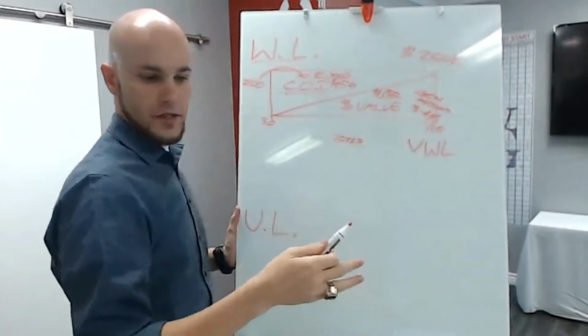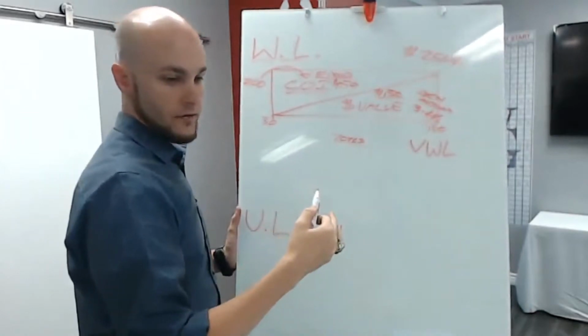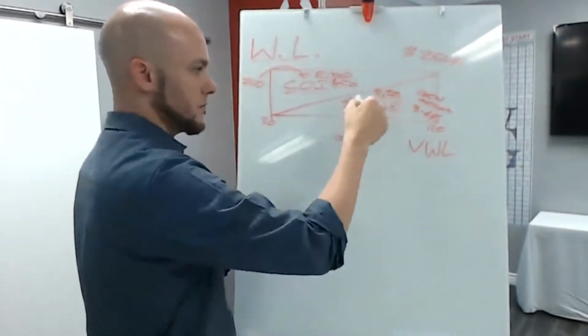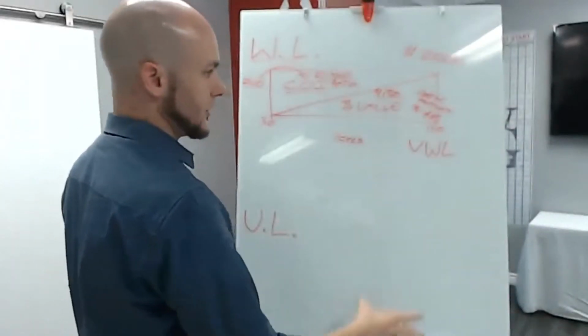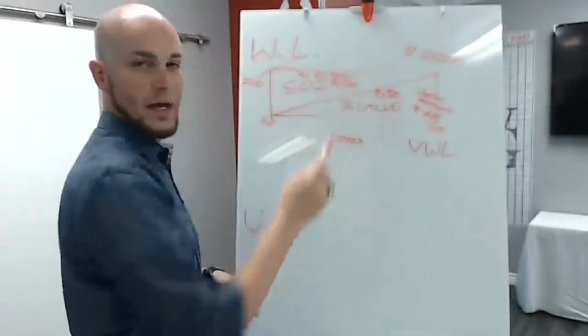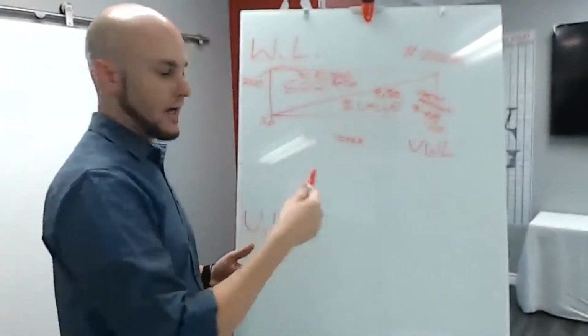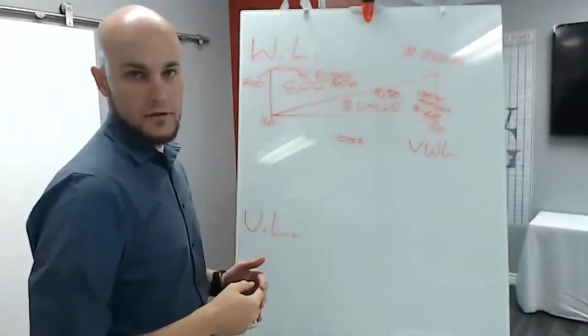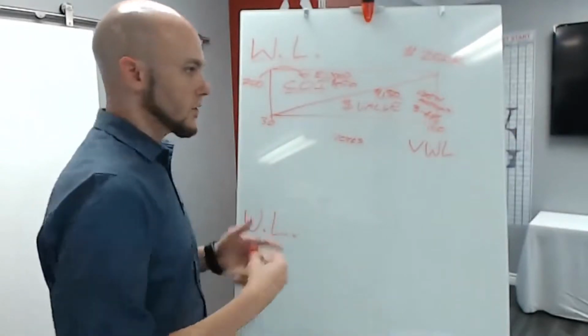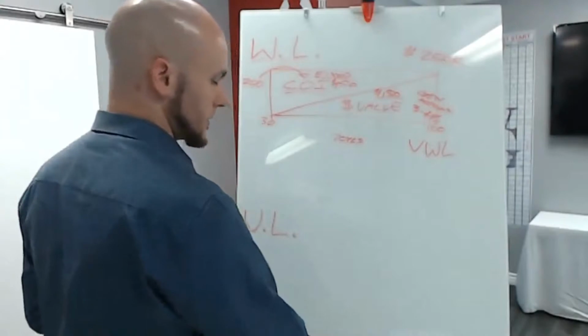The goal of a whole life policy is that this builds to the point where there's enough cash in there that it can start paying for itself, and I don't have to continue putting in my $200 a month. So that is the basics of a whole life policy.